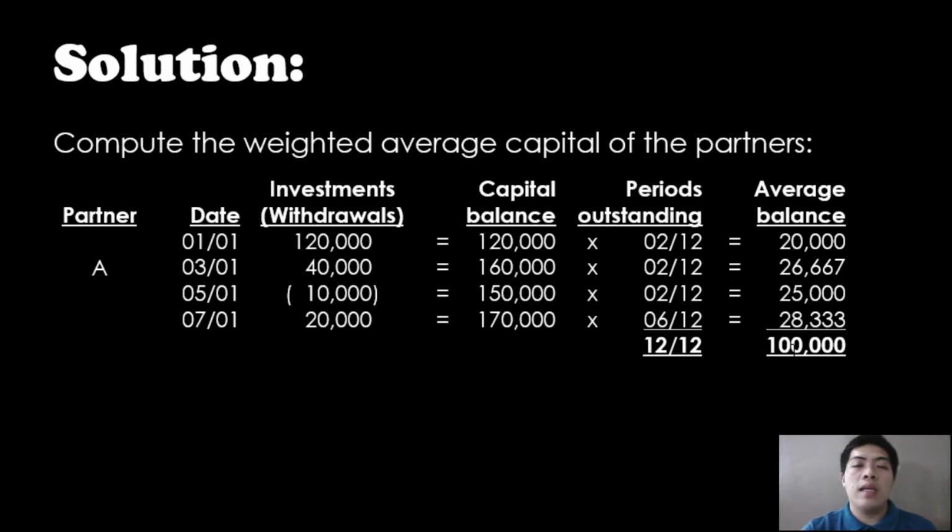Do the same thing na analysis kay partner B and partner C. Kay partner B, we have 156,250. Then kay partner C, we have 165,833. We're going to need those amounts for our interpretation ng agreed ratio.